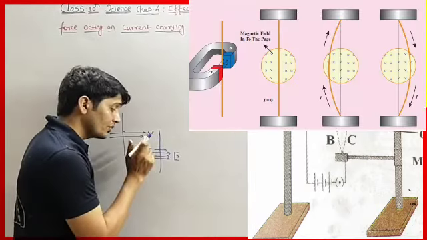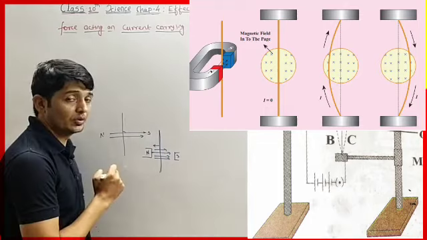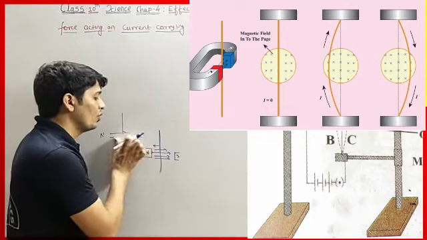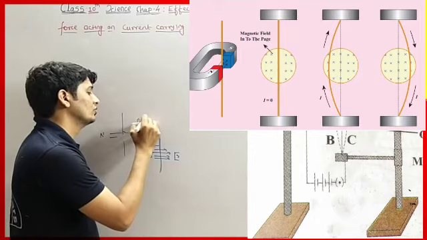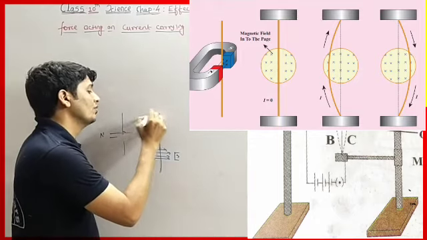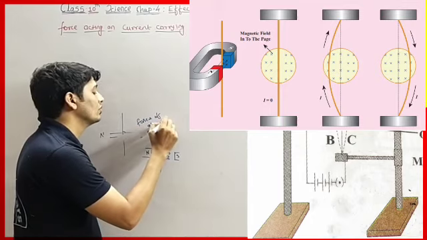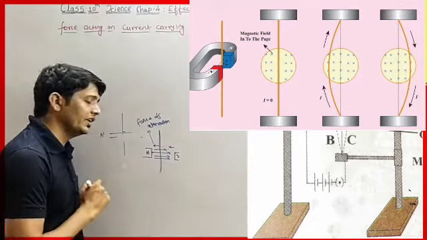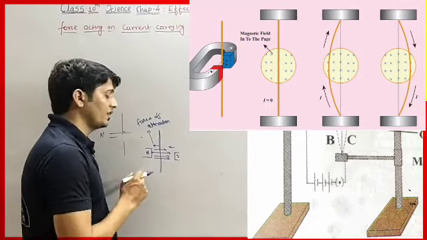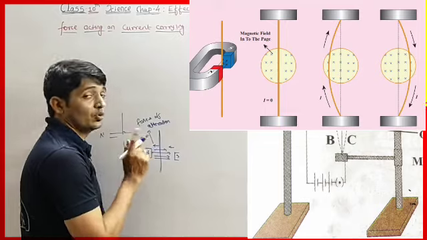So the force acting towards the north pole is the force of attraction, and the south pole will repel this wire or conductor. So the force exerted by the south pole is the force of repulsion.